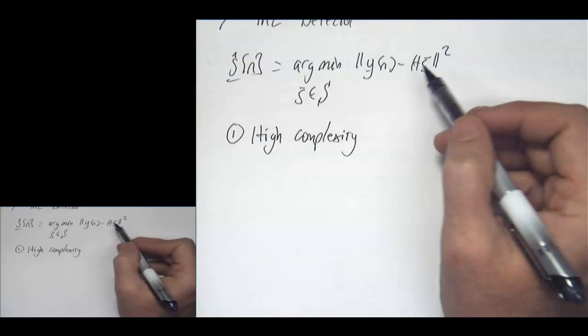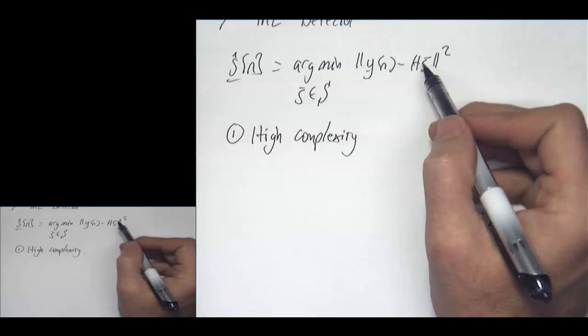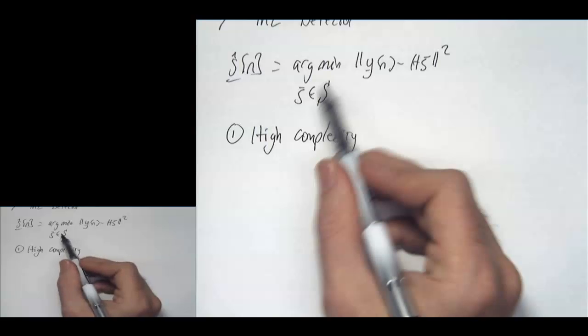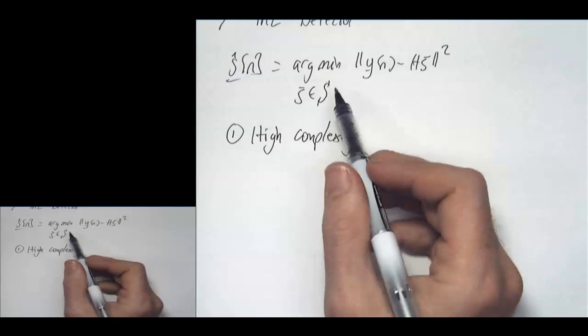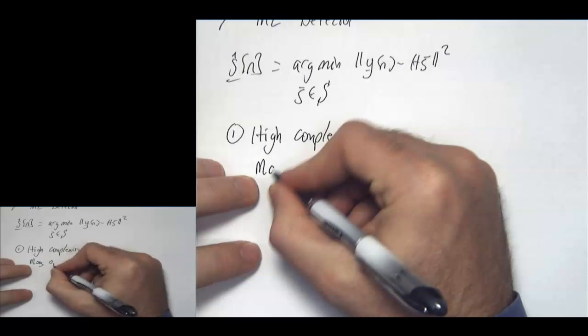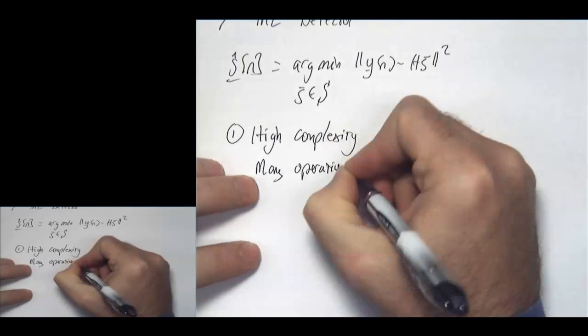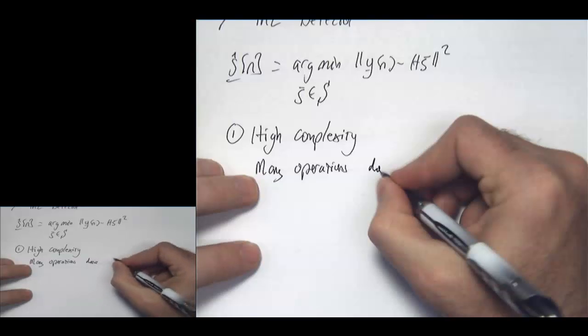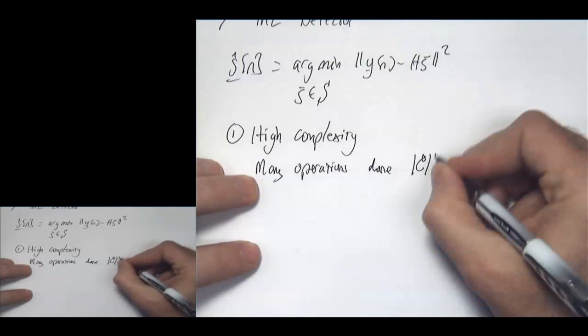You can pre-compute H times s bar, and that saves some complexity. But still, the other problem is the size of this set of vector constellations. So you have many operations done C to the Nt times.